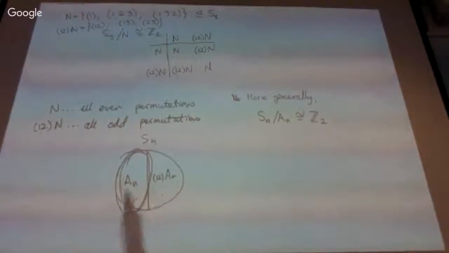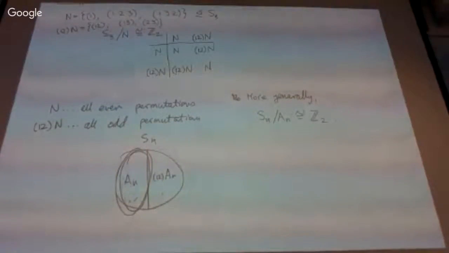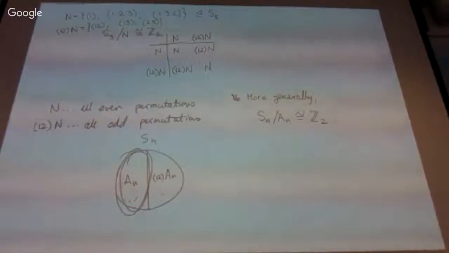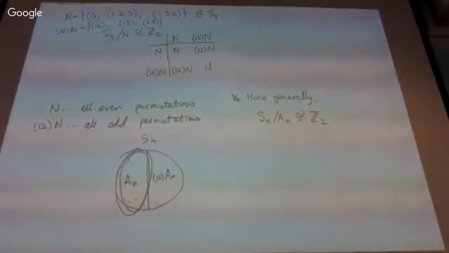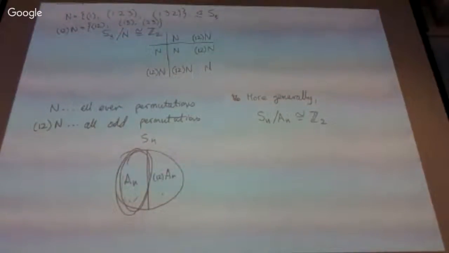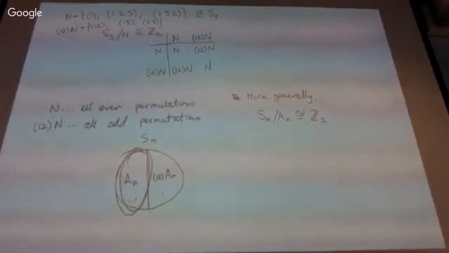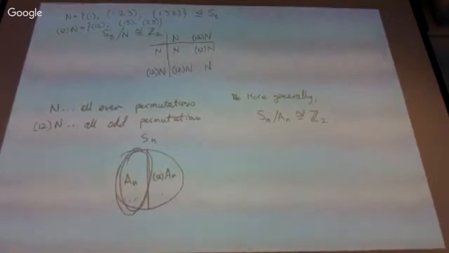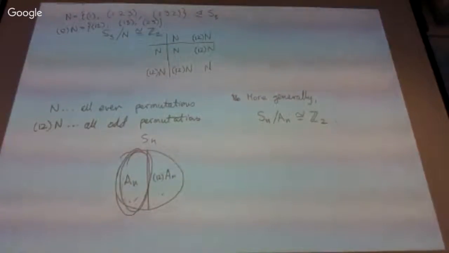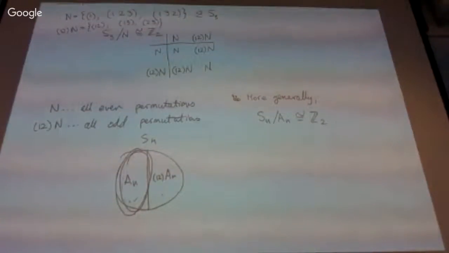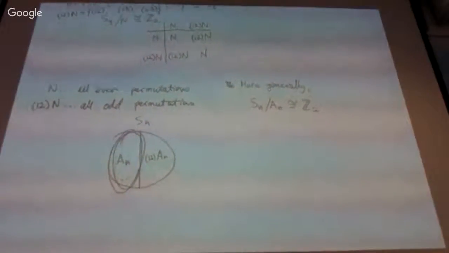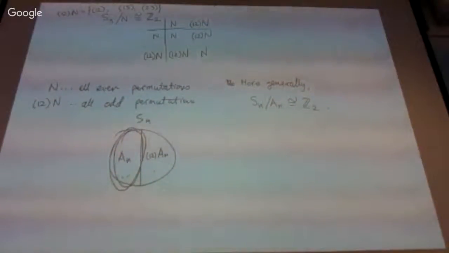You could look at An: can we split it into some other group of cosets? We cannot, as we will see next week. So An is like a basic building block. Sn is not a basic building block, because you can build Sn from An and Z2.